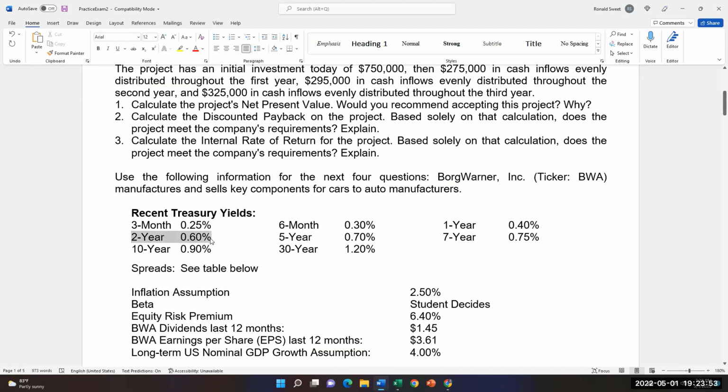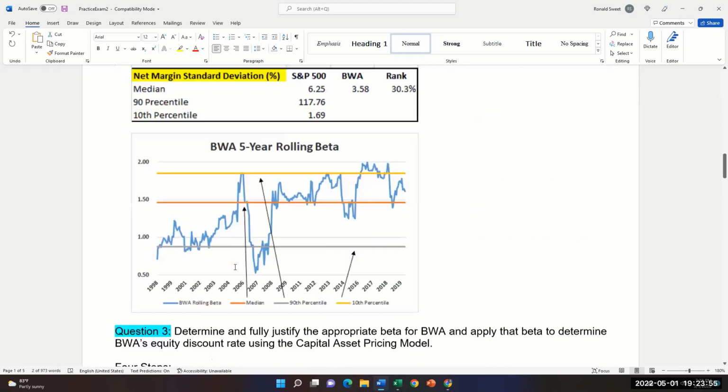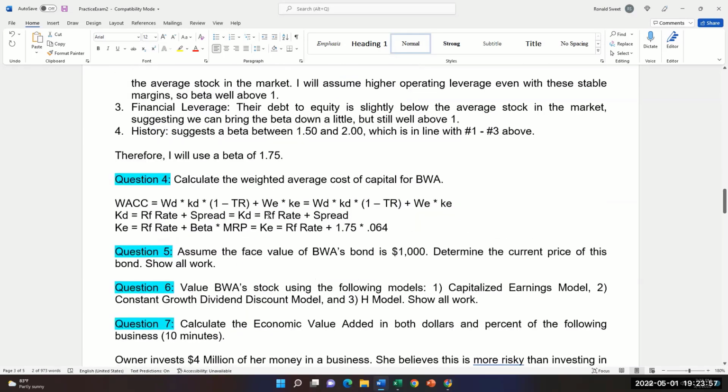So the 2-year treasury is 0.6%. Make sure you type percents as decimals. So 0.6% is 0.006, while 0.06 is 6%. So for 0.6%, just divide by 100, and you get 0.006.